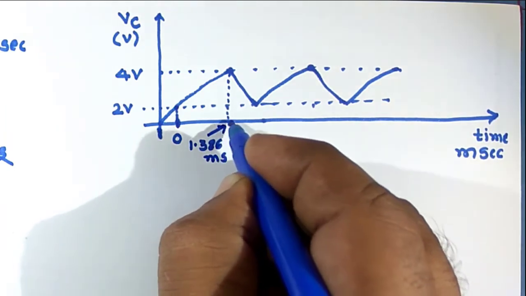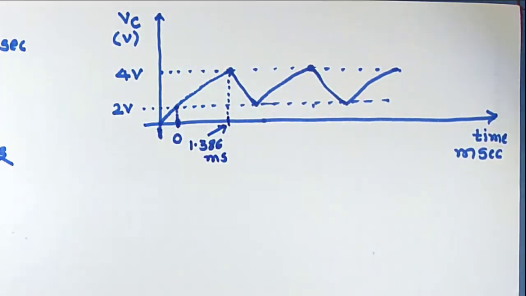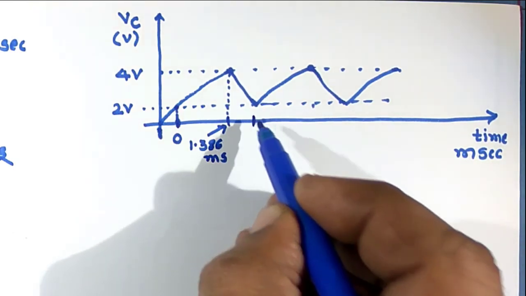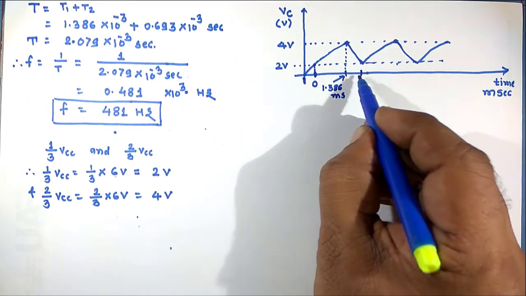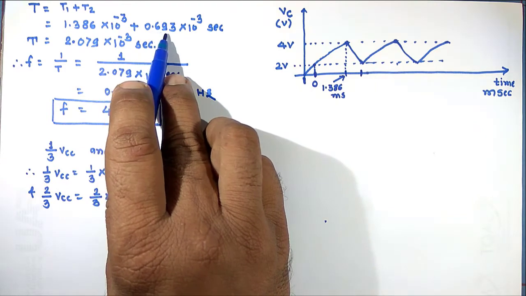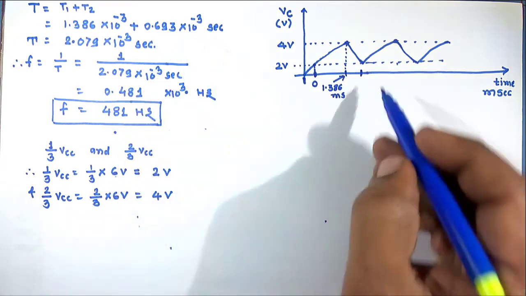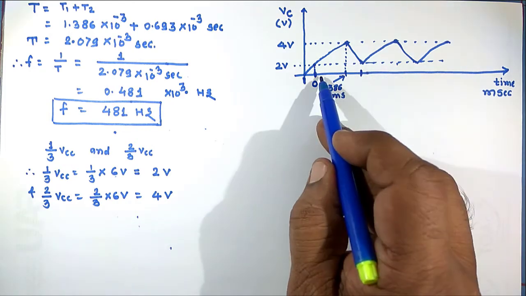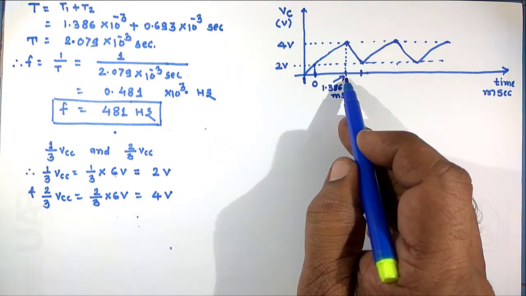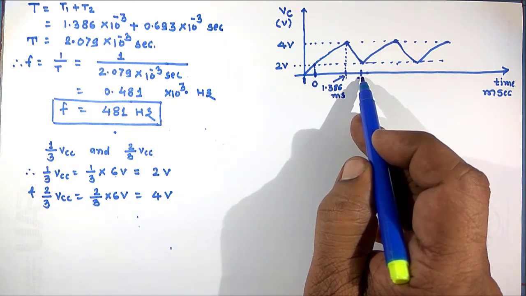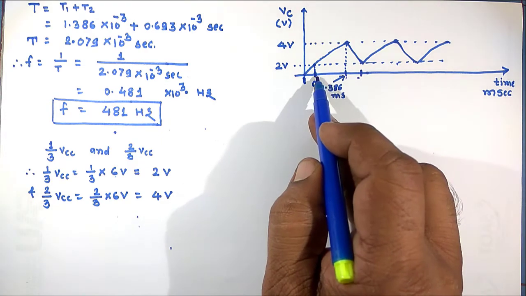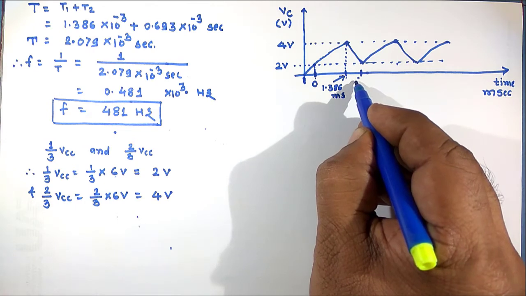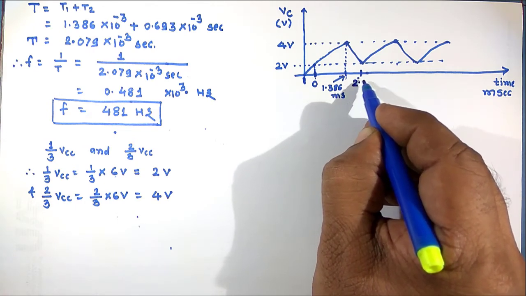So this time is 1.386 millisecond, and in time 0.693 millisecond, it discharges from 4 volt to 2 volt. So this much time is 1.386 plus this much time is 0.693. So total time from 0 to this is 2.079 millisecond.